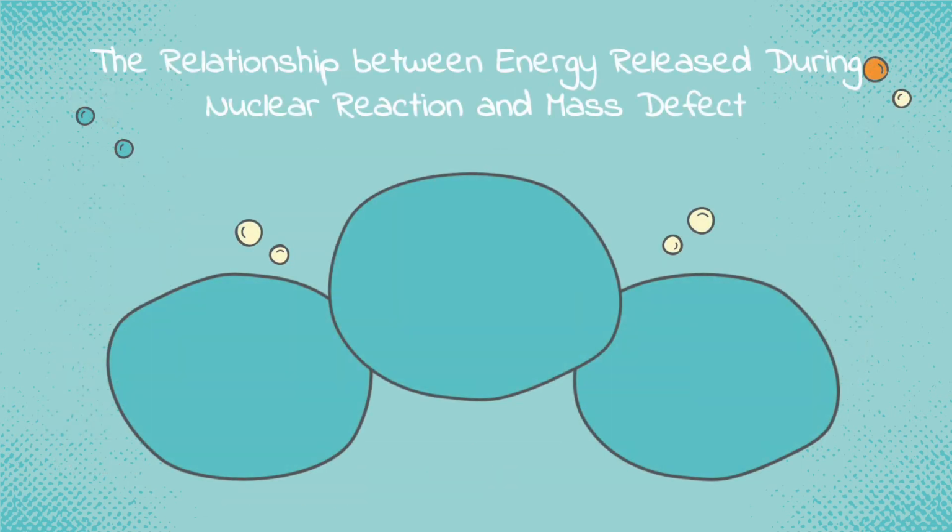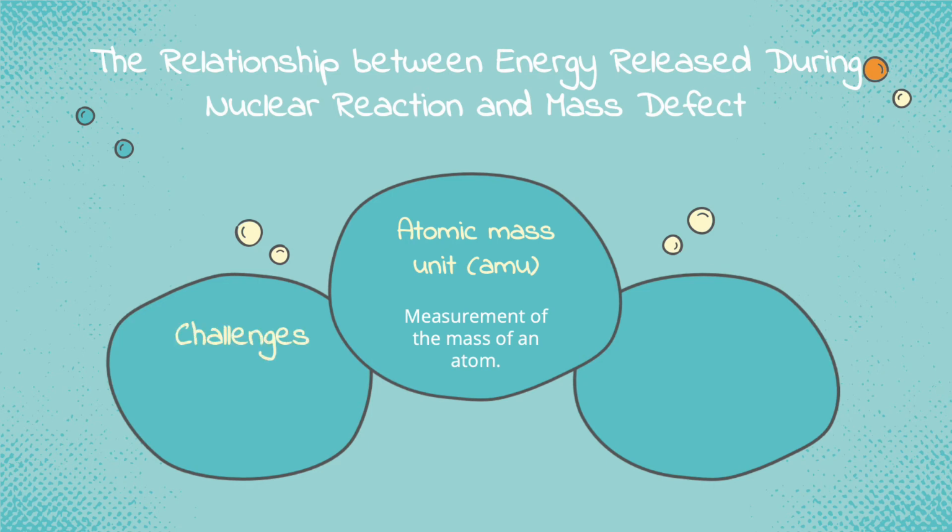Let's focus on the relationship between energy released during nuclear reaction and mass defect. Firstly, we are going to use atomic mass unit, or we can call it AMU, as the measurement of the mass of an atom. Can you see the atom? Do you have any idea how much an atom weighs?